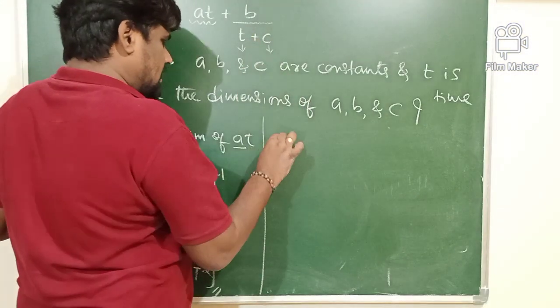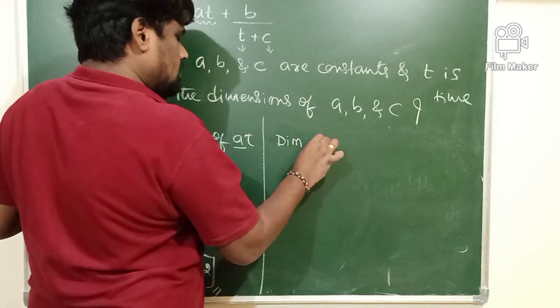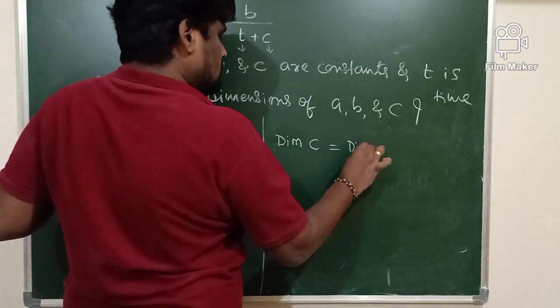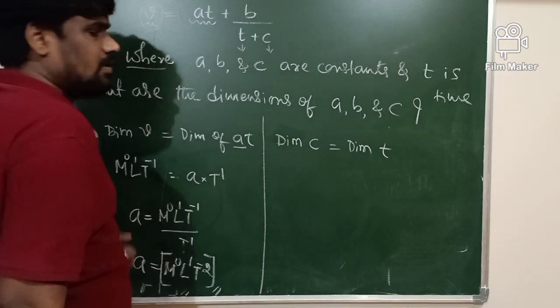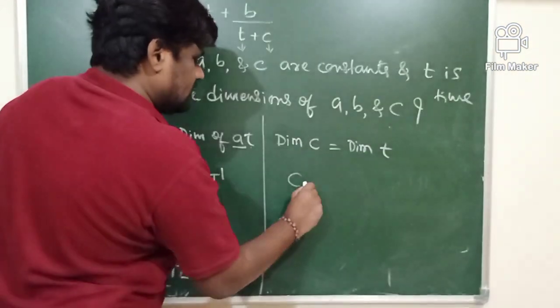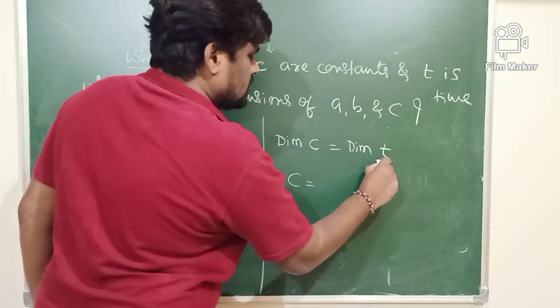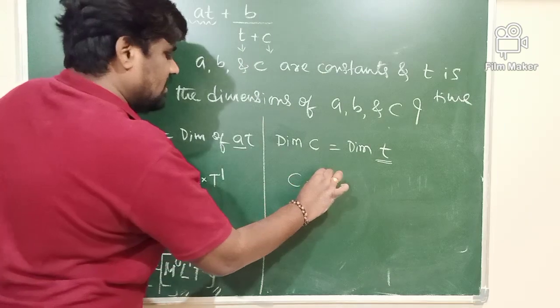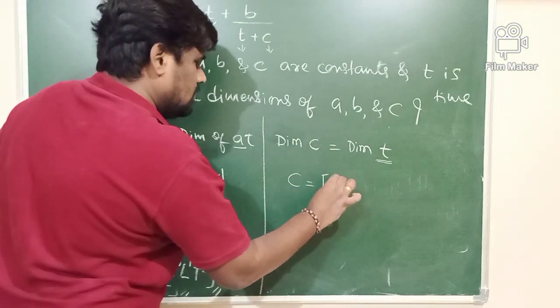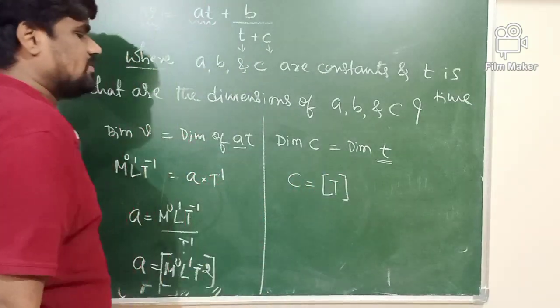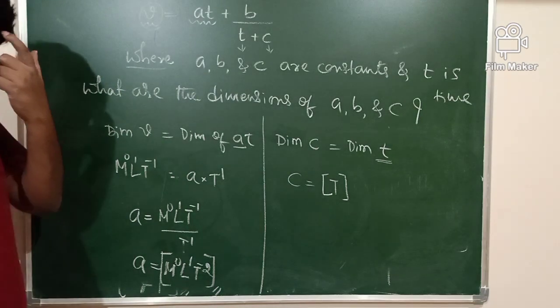Therefore dimensions of C should be equal to dimensions of T. What is T here? T is time. Therefore the dimensional formula of C is time.